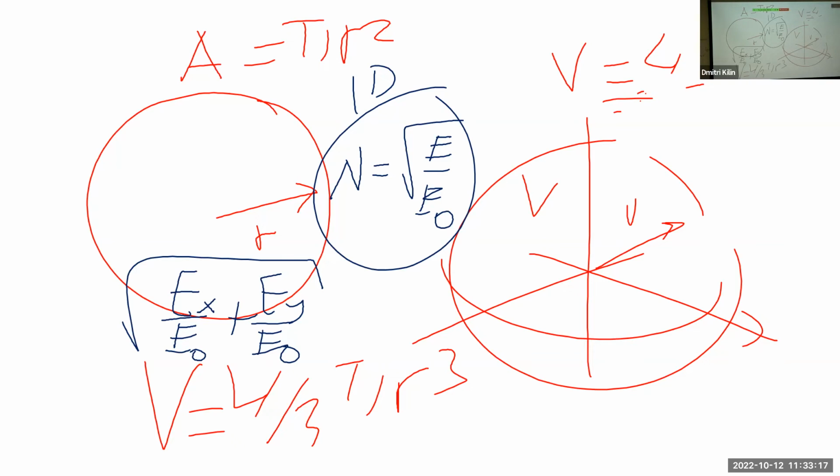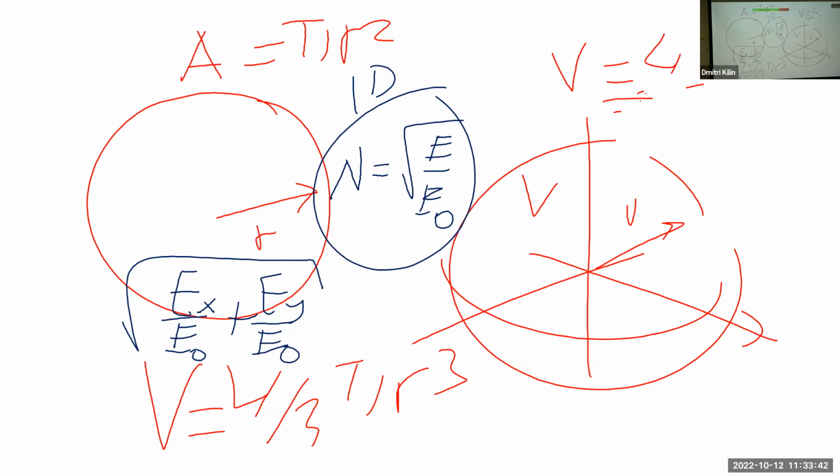So we need to deal with a little bit of geometry. And for this geometry, we need your memories about middle and high school: what is the area inside a circle, and what is the volume inside a sphere?